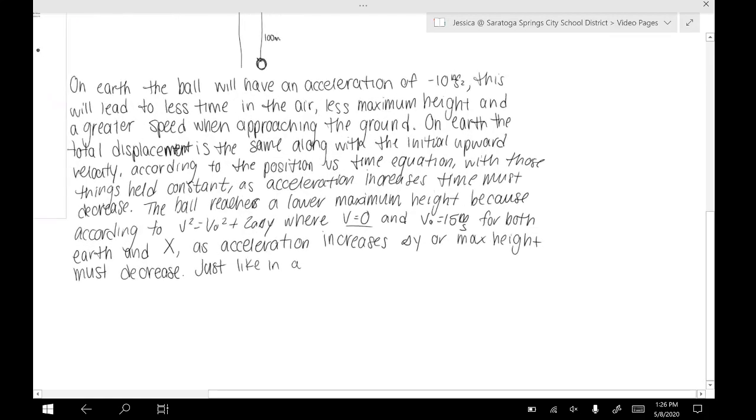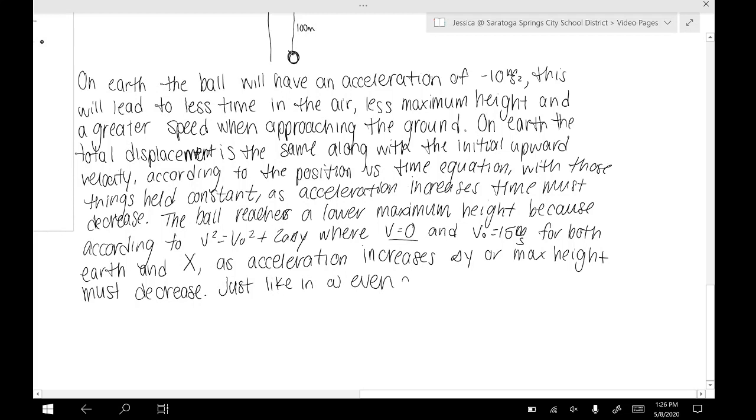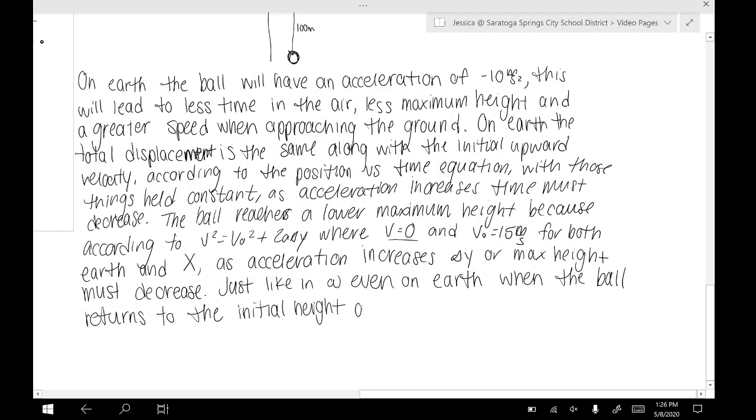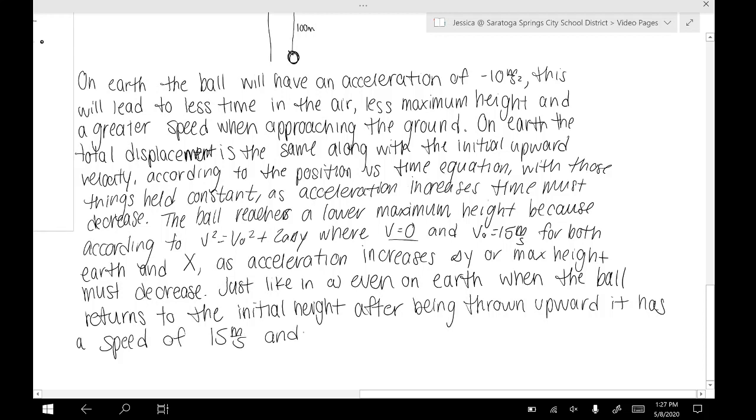Just like in part A, even on Earth, when the ball returns to the initial height after being thrown upwards, it has a speed of 15 meters a second and 100 meters left to fall.